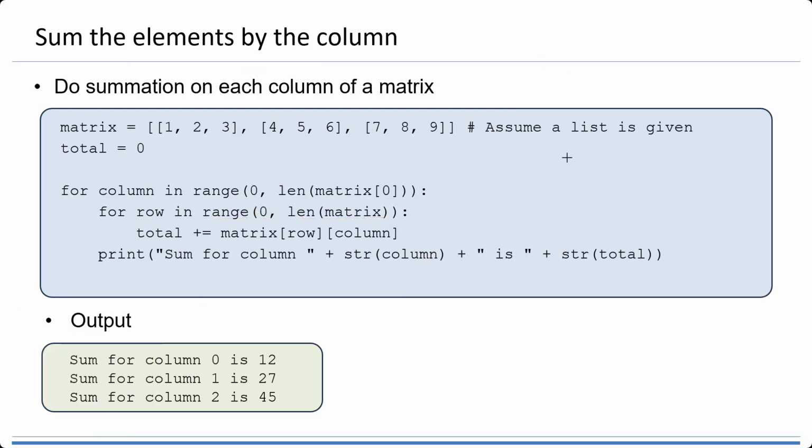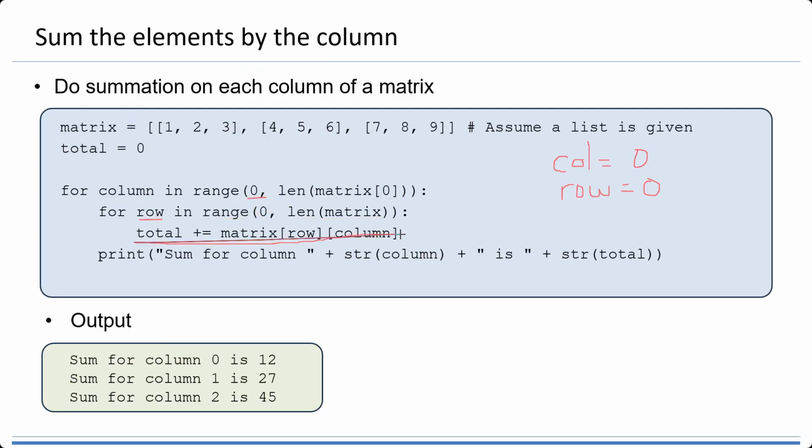Now we have the column equals to 0. When we enter here, the row equals to 0. We do the summation total.